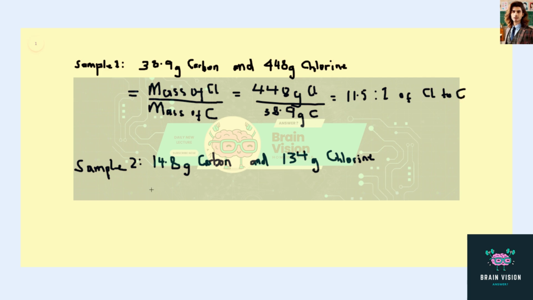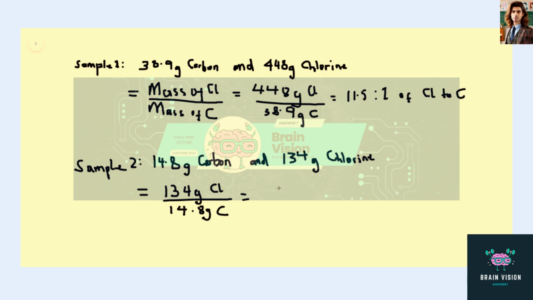So for sample 2, we do the same approach we did for sample 1. We find the mass ratio, and that is 134 grams of chlorine to 14.8 grams of carbon.